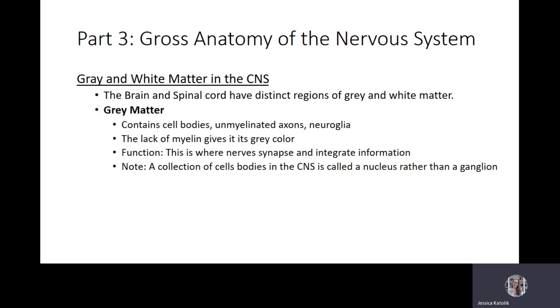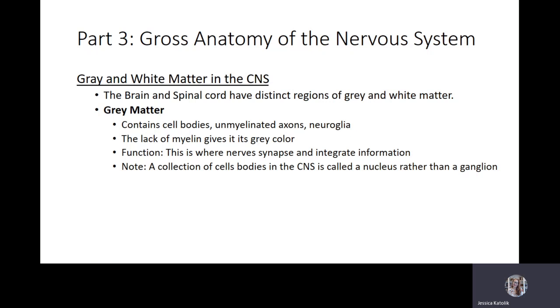Because it contains these two structures, the major function of gray matter is to allow for nerves to synapse and integrate and process information. So, for example, in the spinal cord, the gray matter is going to allow for integration between sensory and motor neurons, sometimes using an interneuron to help us out.